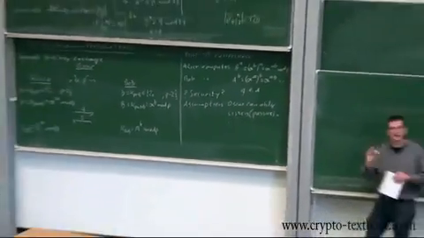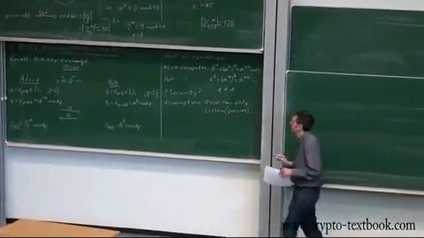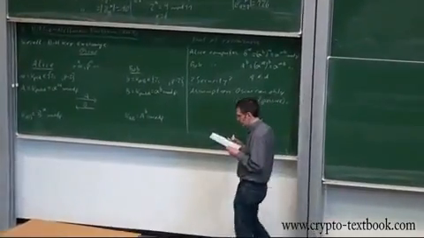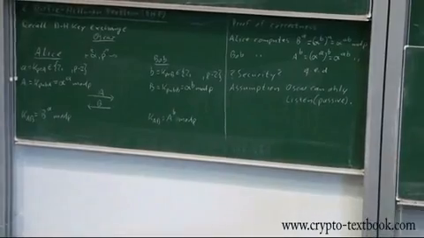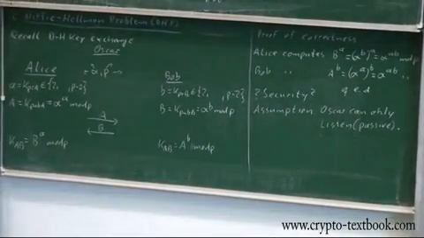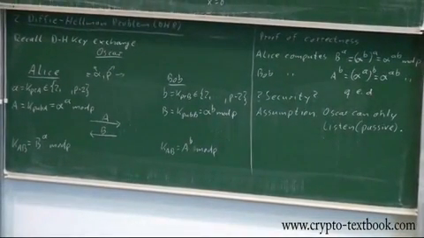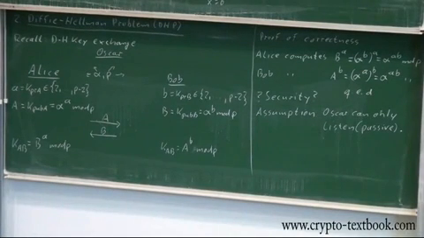This is a passive attacker. An active attacker is somebody who can manipulate messages. Okay? So, what does Oscar know? And I haven't used colors for 30 minutes, so let's start with using colors. So what does Oscar know?